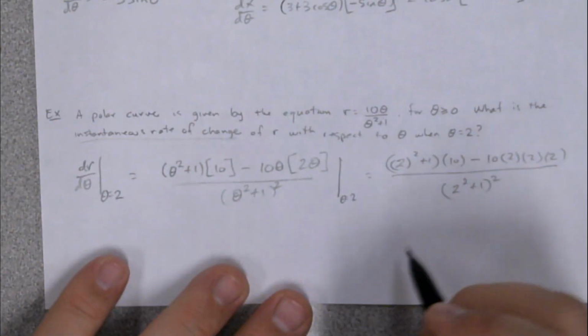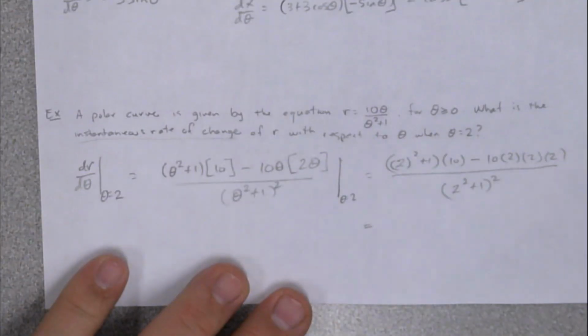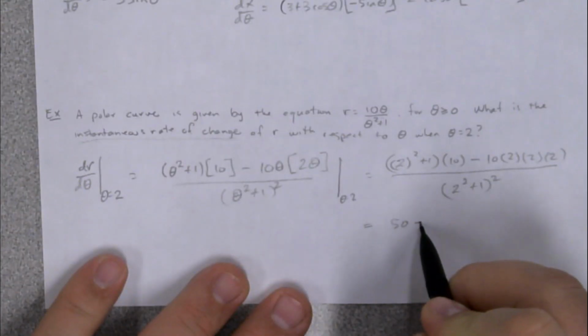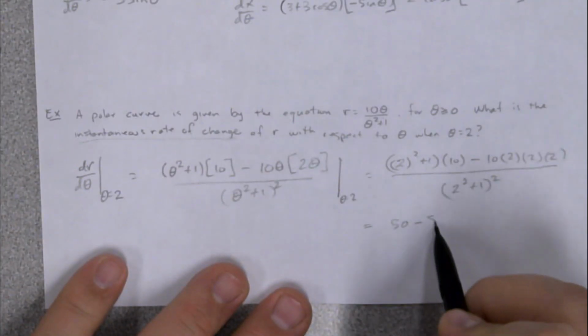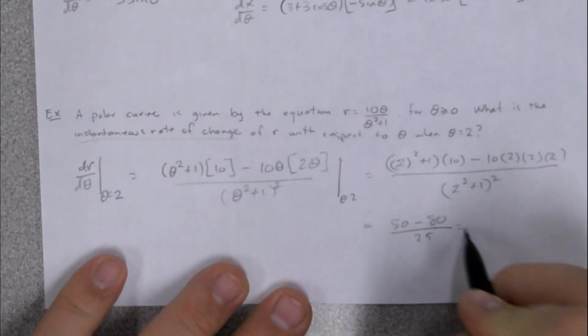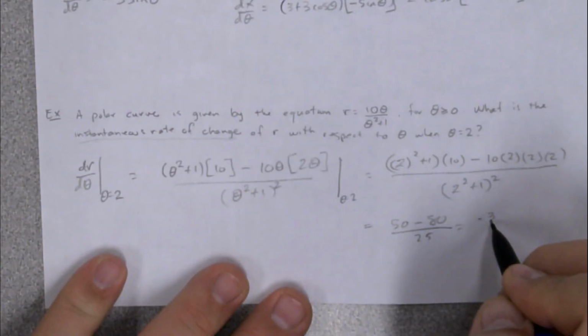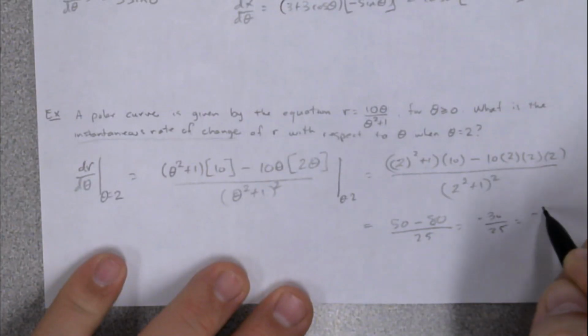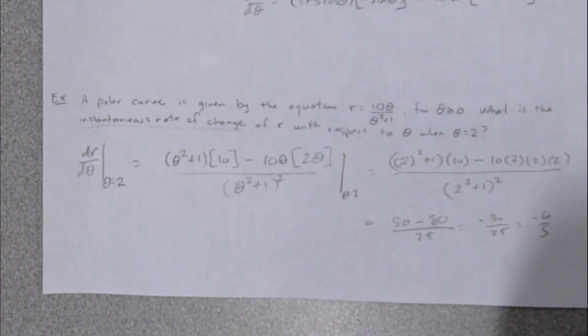Okay? And so we work this out and we can get a number here: 5 times 10 is 50, minus 80, and 5 squared is 25. So whatever this becomes, negative 30 over 25, and negative 6/5. Okay?